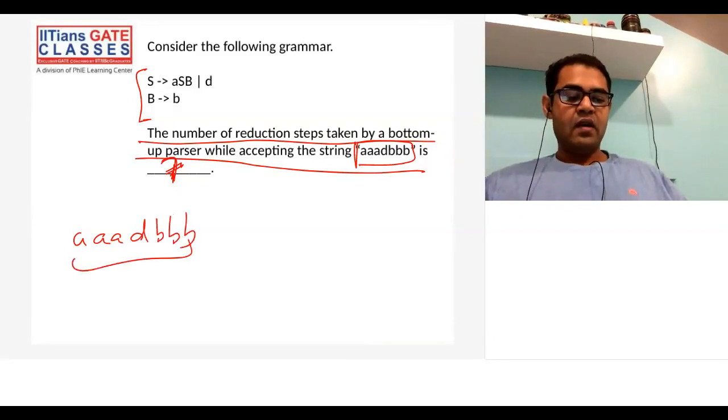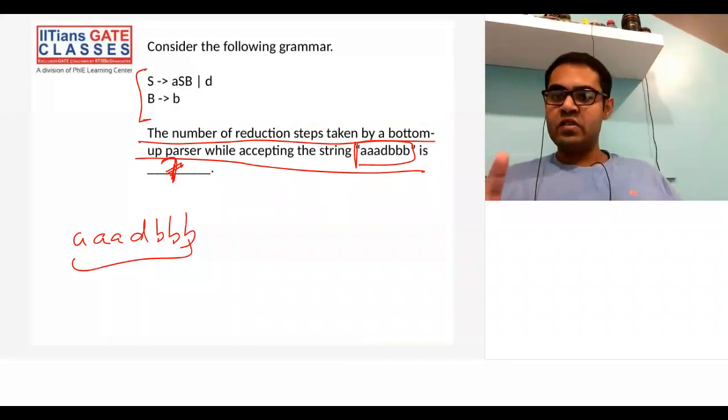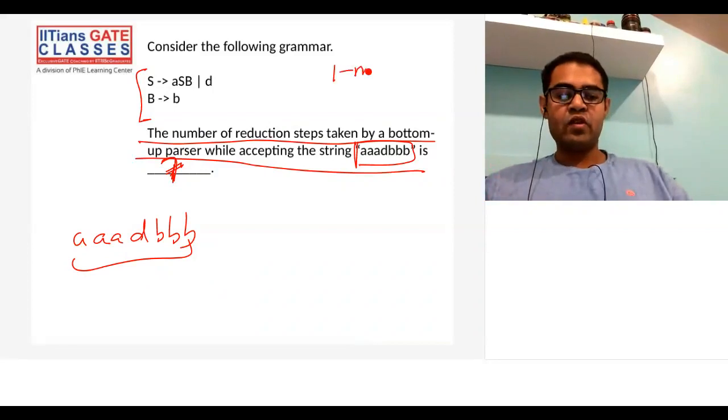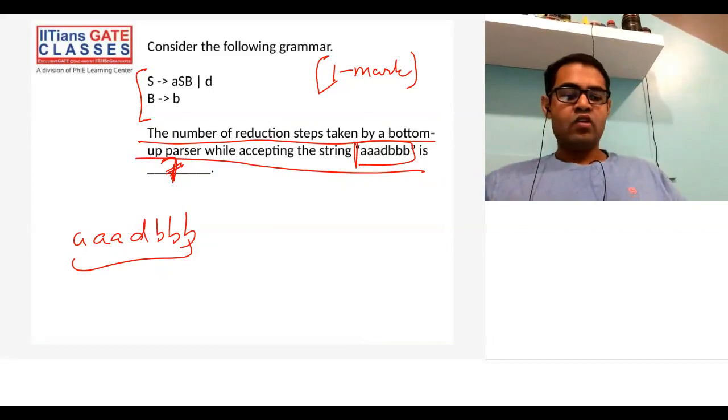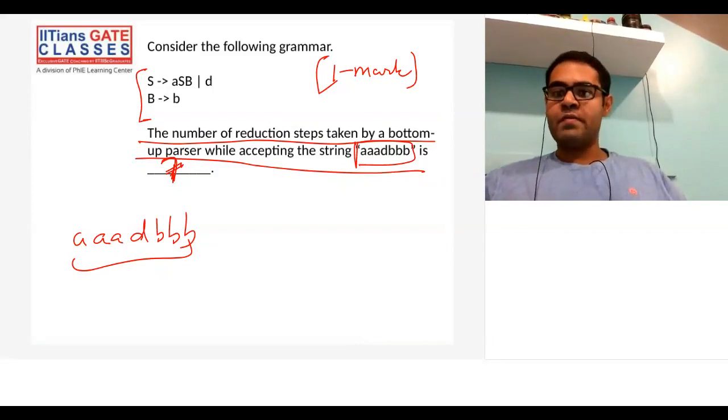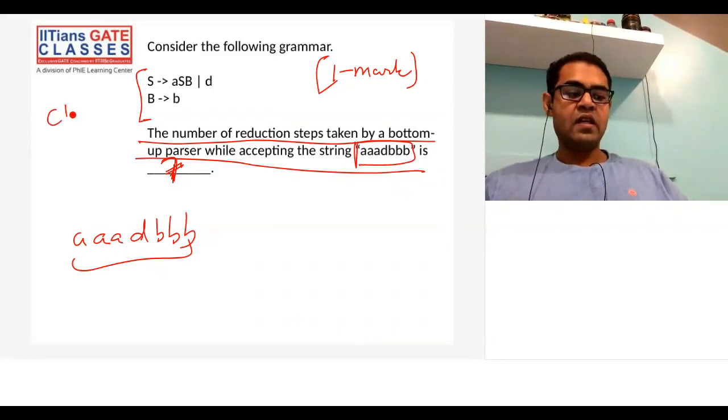Now, the first step is the longer one, and remember this question was for 1 mark. So you take the strongest bottom-up parser, that is your canonical LR parser, CLR(1), or you simply call it LR(1) also.